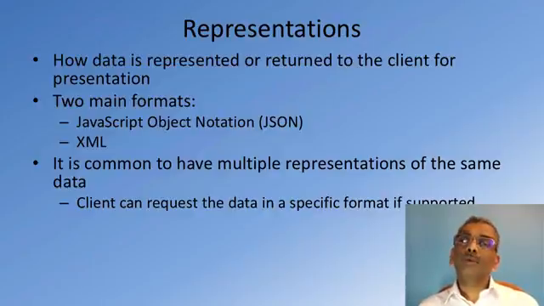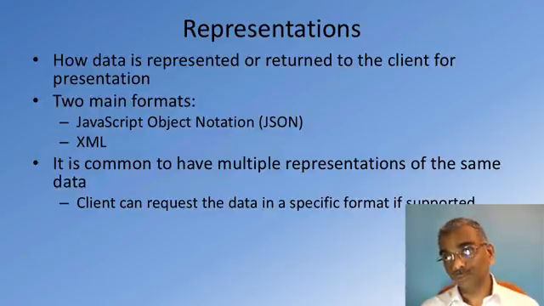Sometimes a server may be able to provide multiple representations of the same resource. So perhaps if you access it requesting an XML representation, it may be able to send you the information in the XML format. If you ask for the same resource information in JSON format, maybe it can send that in JSON format. Typically, JSON has become the de facto representational standard for information interchange.